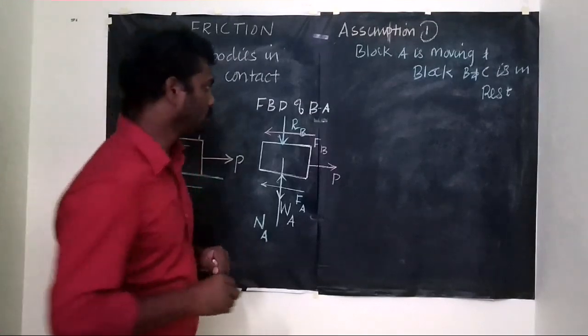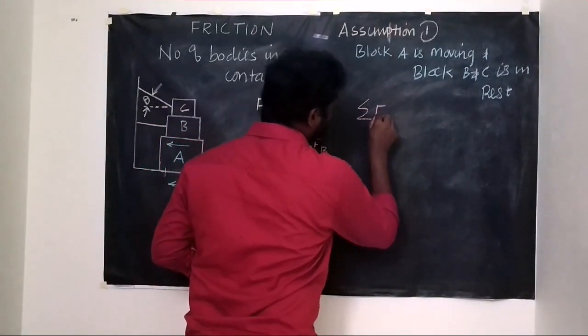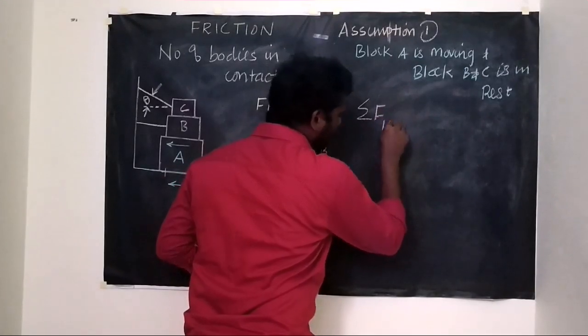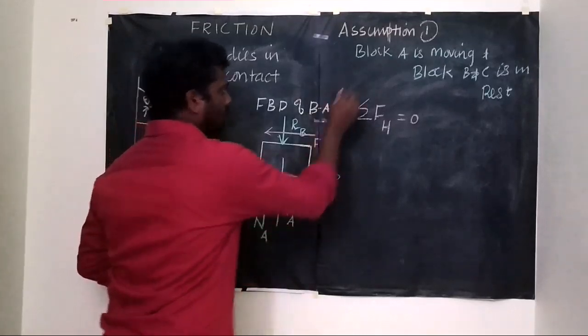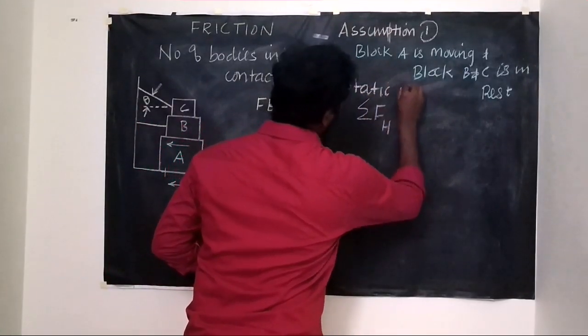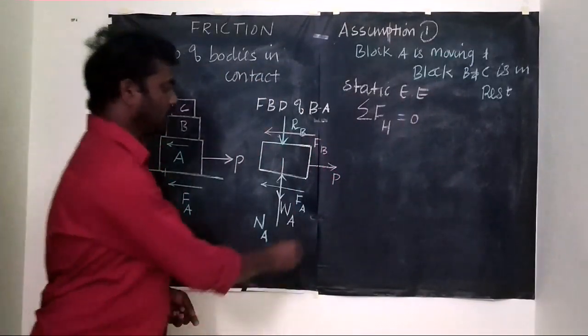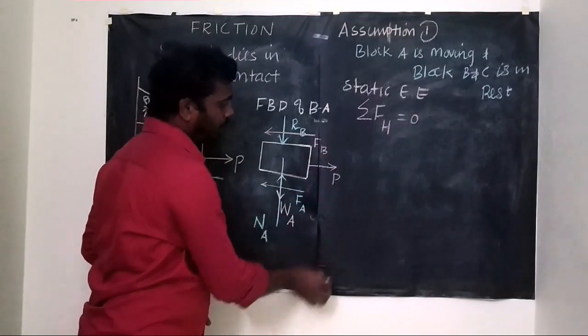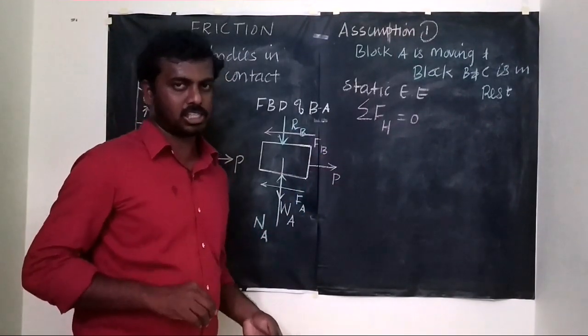Already we know well. That is, the sum of forces acting in the horizontal direction equals 0. That is the static equilibrium equation. In this system, F suffix A, F suffix B and the external force P act in the horizontal direction.